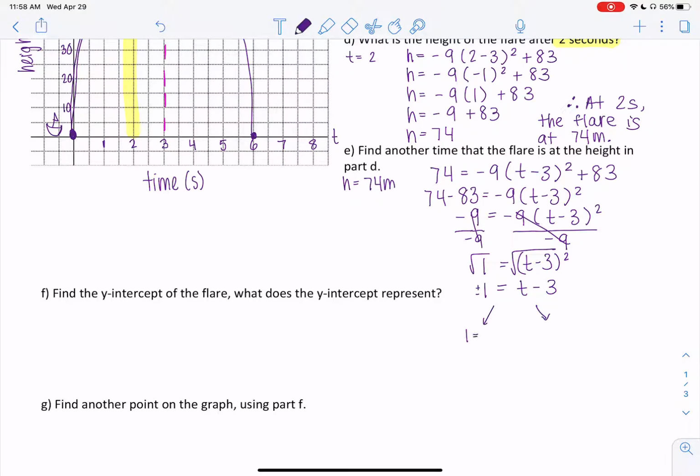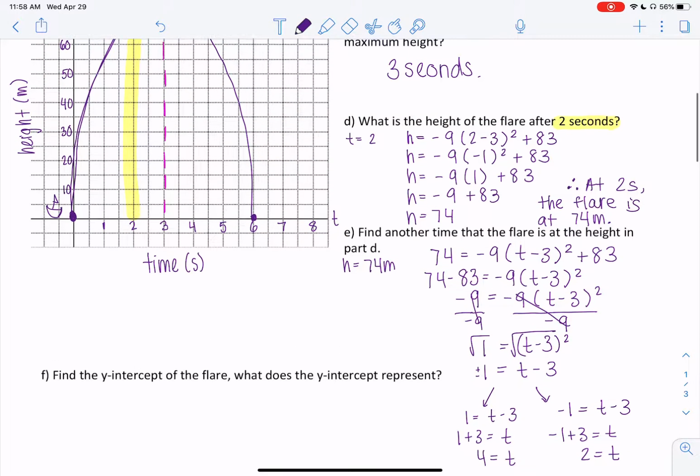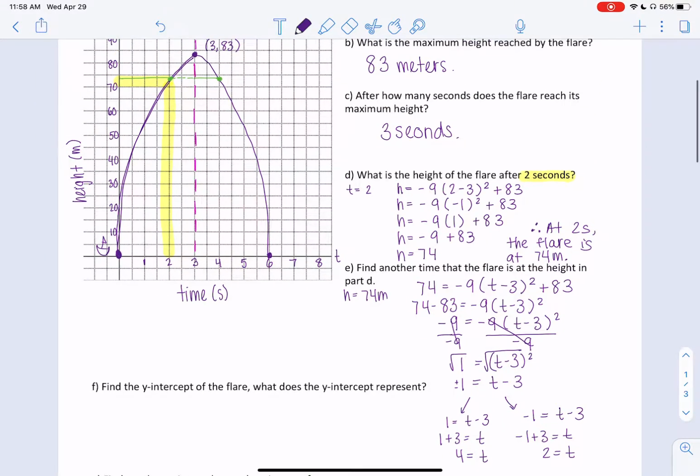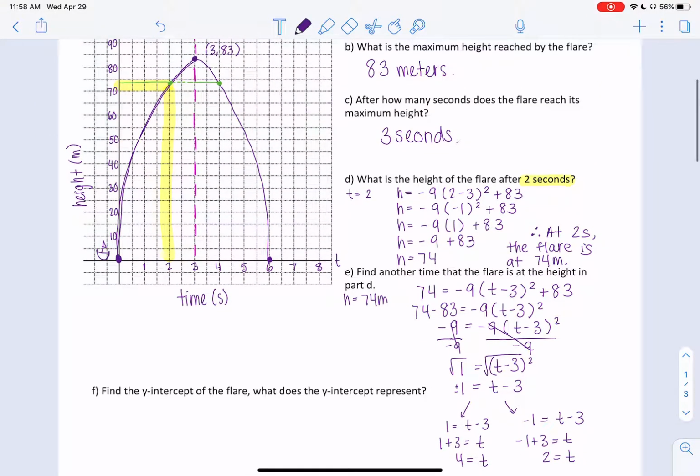So we'll have 1 equals t minus 3 and negative 1 equals t minus 3. So if we solve for t, we'll have 1 plus 3 equals t, and negative 1 plus 3 equals t, which will give us 4 equals t, and 2 equals t. So we already had 2, right? We already had 2, which was right here, but now we found the second one, which was right here.